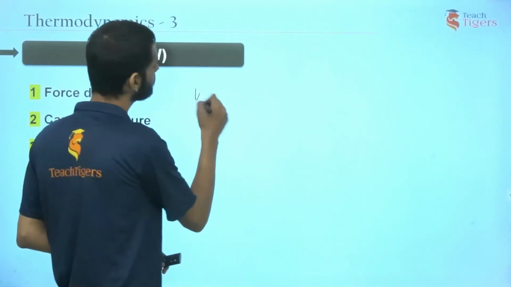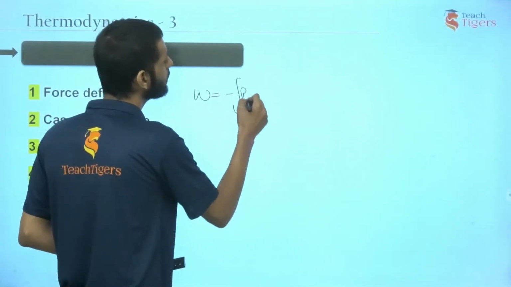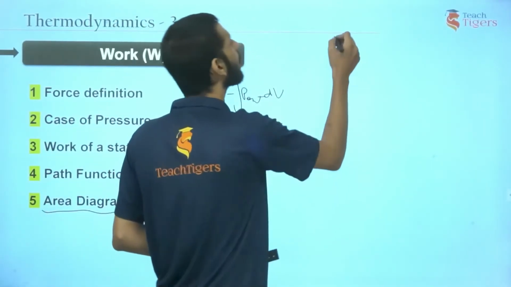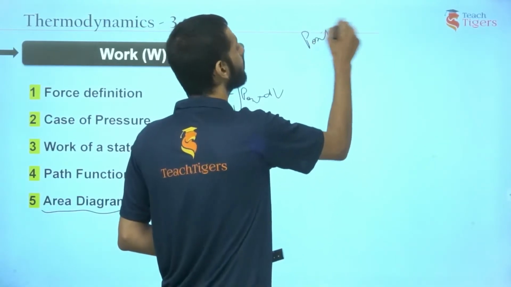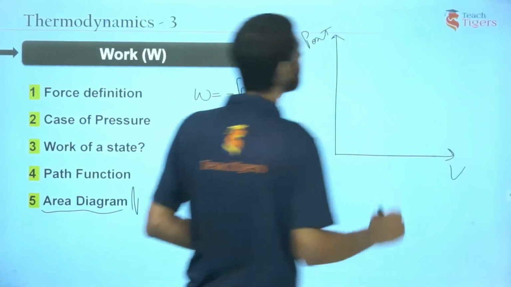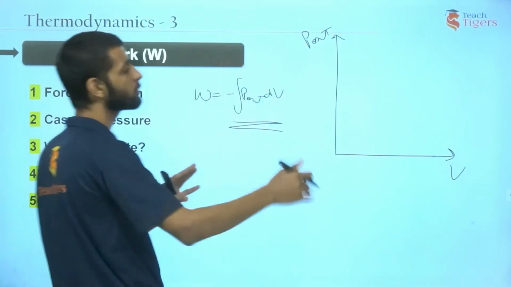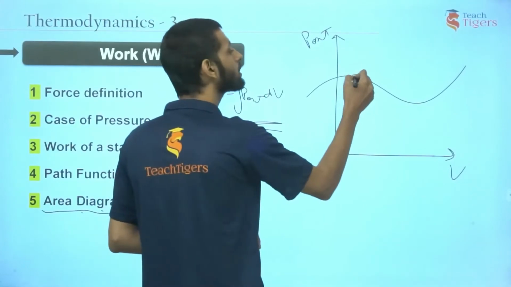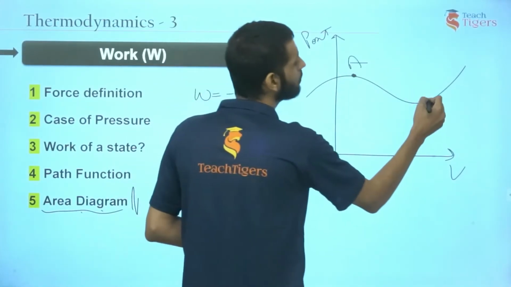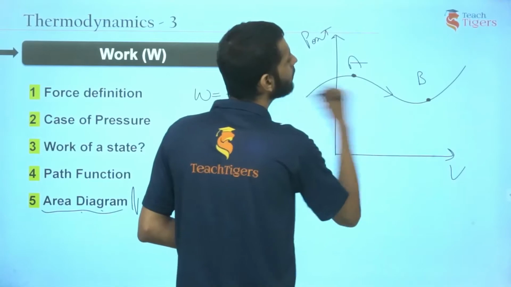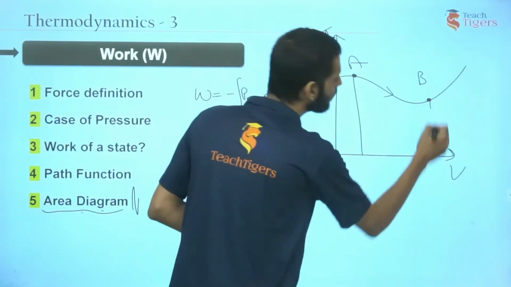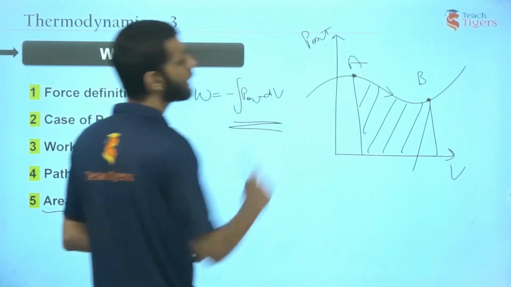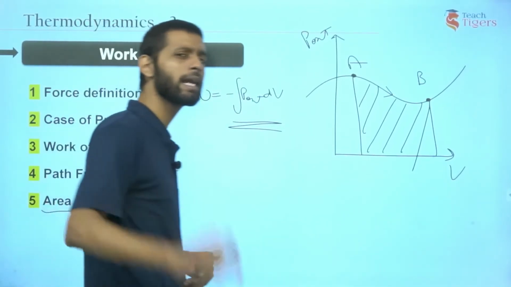The work done equals minus integral of P external dv. This means that if I draw the graph of P external and volume, and I have a process going from one point to another, if my initial point is A and my final point is B, I'm going from A to B, then my work done is given by this area, and this area should be multiplied with a negative sign.